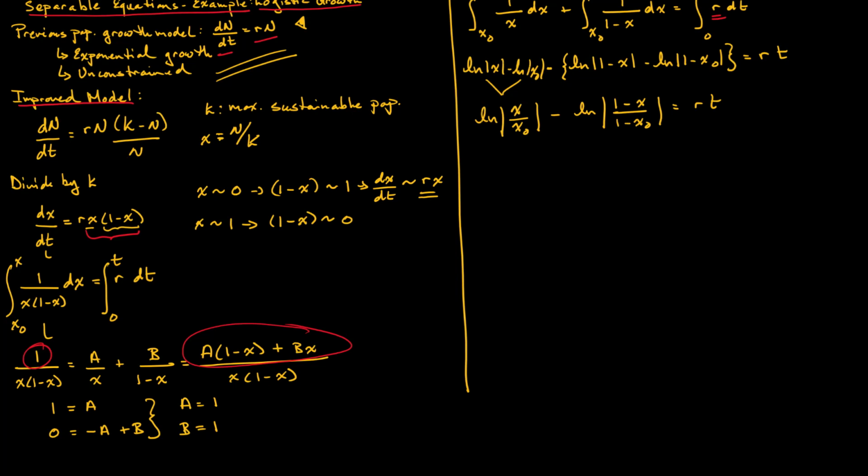And again, we have the difference of two natural logarithms, so we can set up another fraction, which will give us ln of x over x naught multiplied by 1 minus x naught over 1 minus x. And all of this is equal to rt.